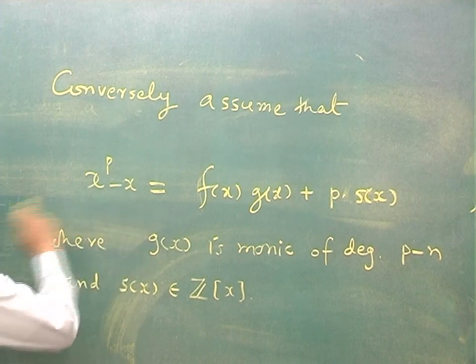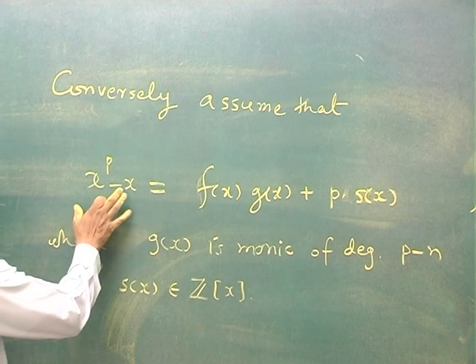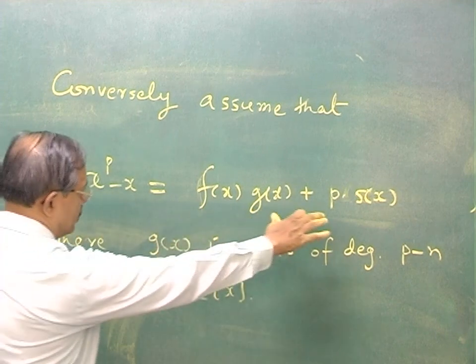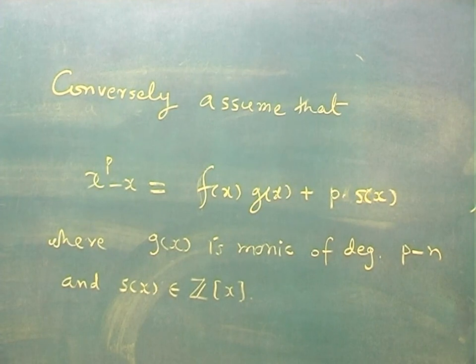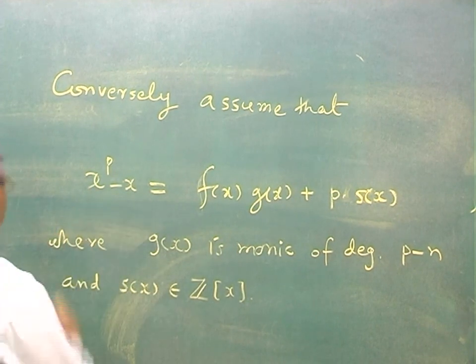Every solution of x raised to p minus x congruent to 0 mod p is a solution for the right hand part, and this has p solutions.